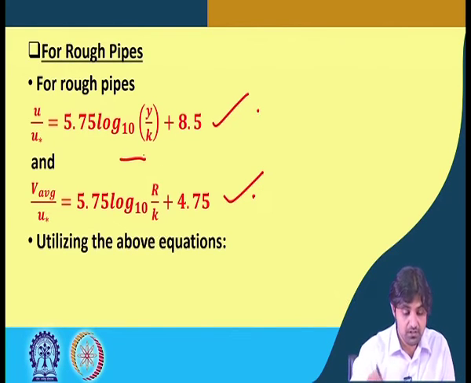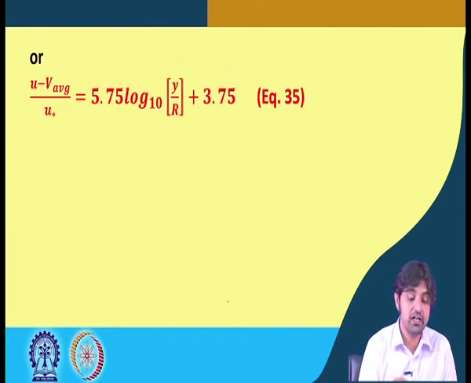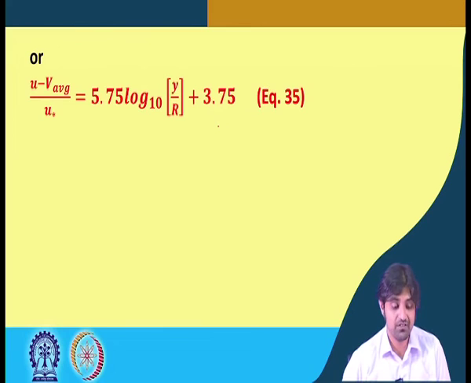So, this minus this, and utilizing the above equation we get u minus V average by u star. So, we have y by k divided by R by k, plus 8.5 minus 4.75, okay, or we can simply get u minus V average by u star is equal to 5.75 log to the base 10 y by R plus 3.75.